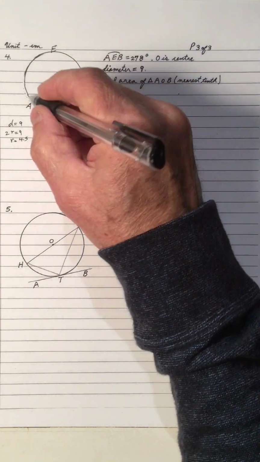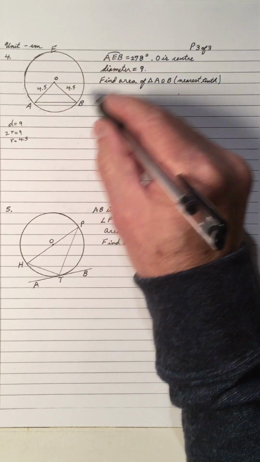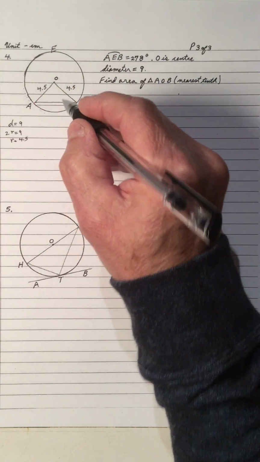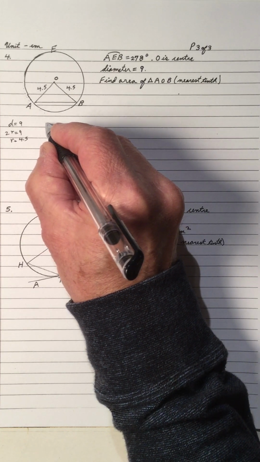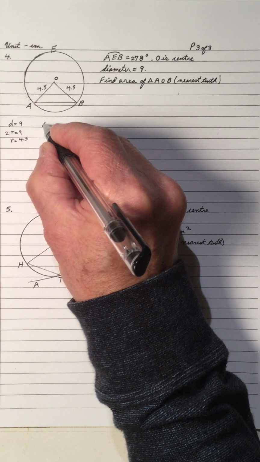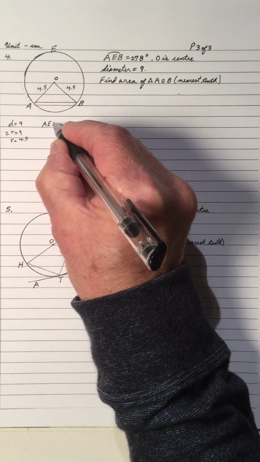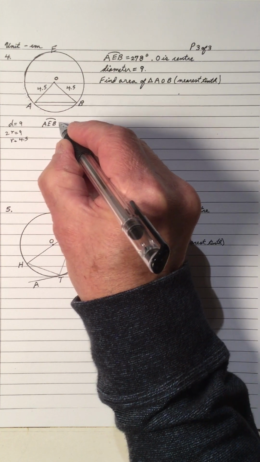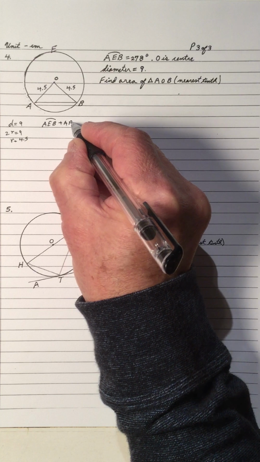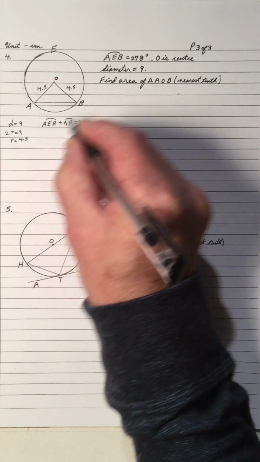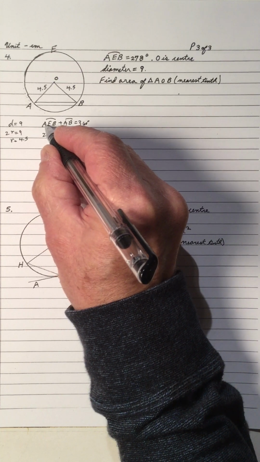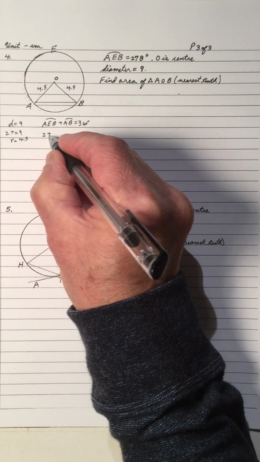So if this arc AEB is 278, what is the arc AB? So the arc AEB plus AB is 360. So the arc AEB is 278.